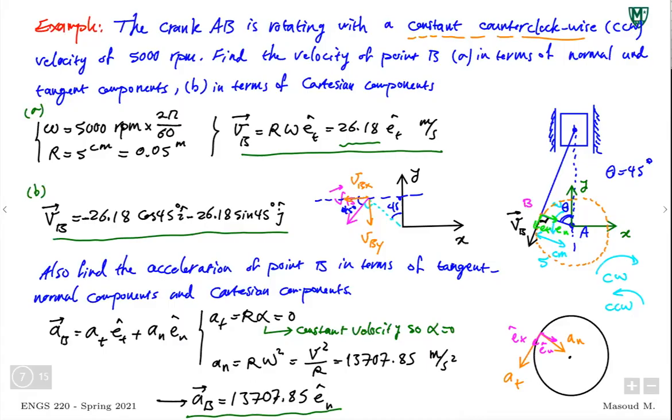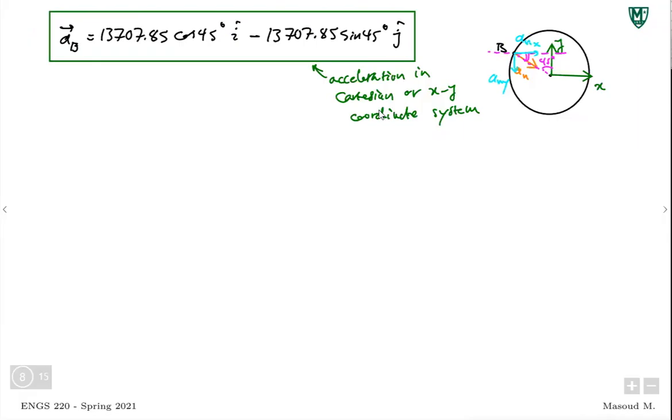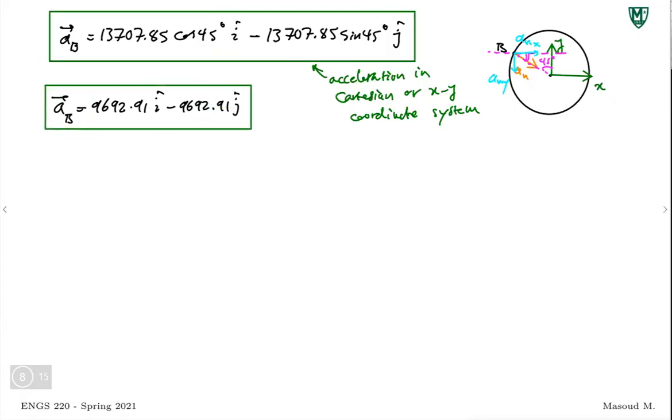But by the end of the day, it's the same acceleration. If you find the magnitude of this, I can write probably the final values here. I have 9692.91 I minus 9692.91 J. Well, sine and cosine of 45 degrees are the same. So this is probably the final answer, not the previous one.